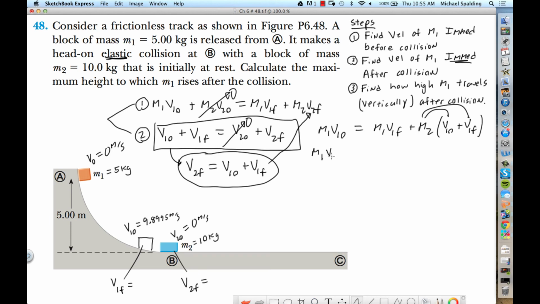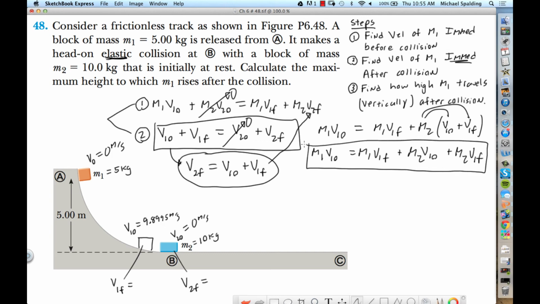Okay, so this is going to give m1 v1 initial equals m1 v1 final plus, distributing that, m2 v1 initial plus m2 v1 final. What's the only thing missing in this equation? v1 final. Now guys, I'm trusting that you can solve this equation for v1 final.